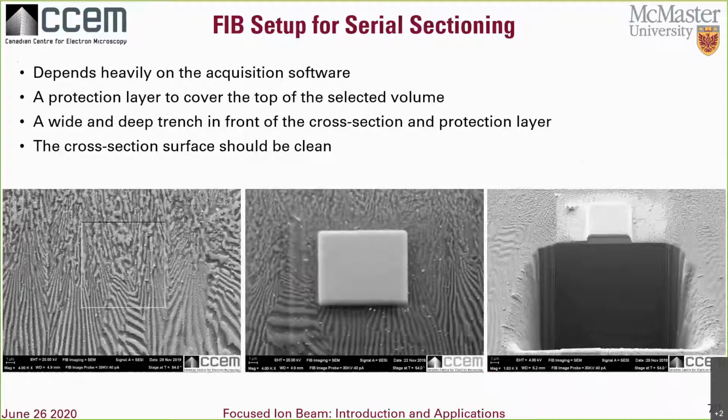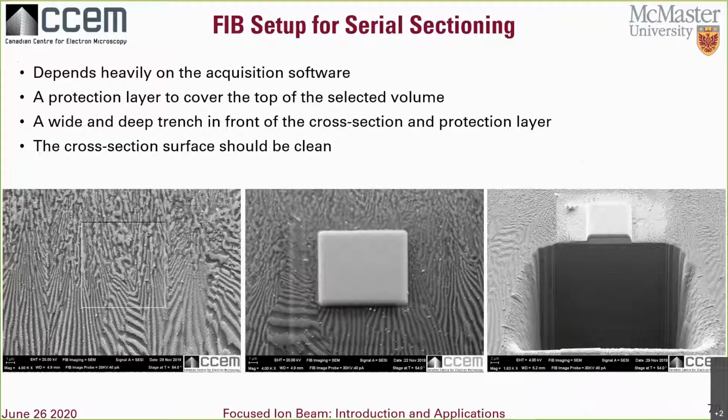The exact way to prepare a region for FIB tomography will depend heavily on the software, especially how it's designed to track features. The general setup, though, is that you need a protection layer to cover the top of the selected volume. You need a wide and deep trench in front that has enough space to keep redeposition from interfering with the milling and the SEM imaging.